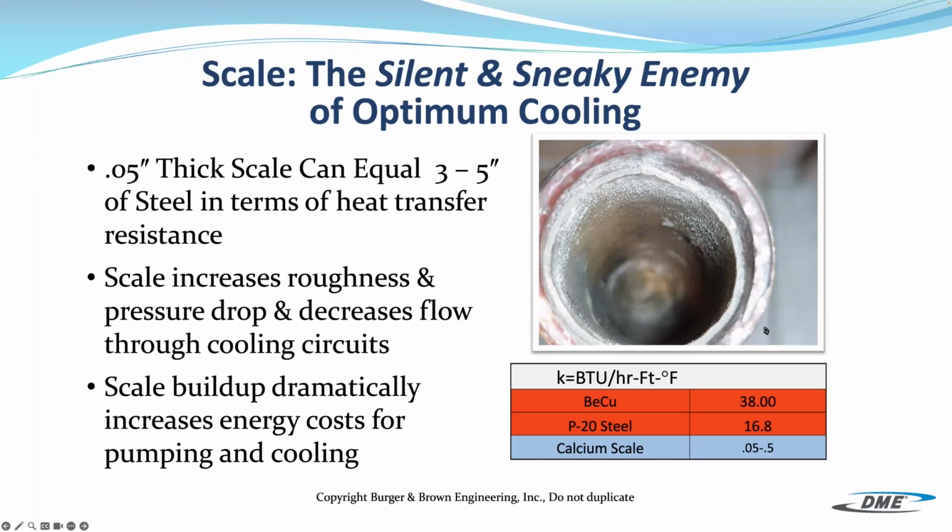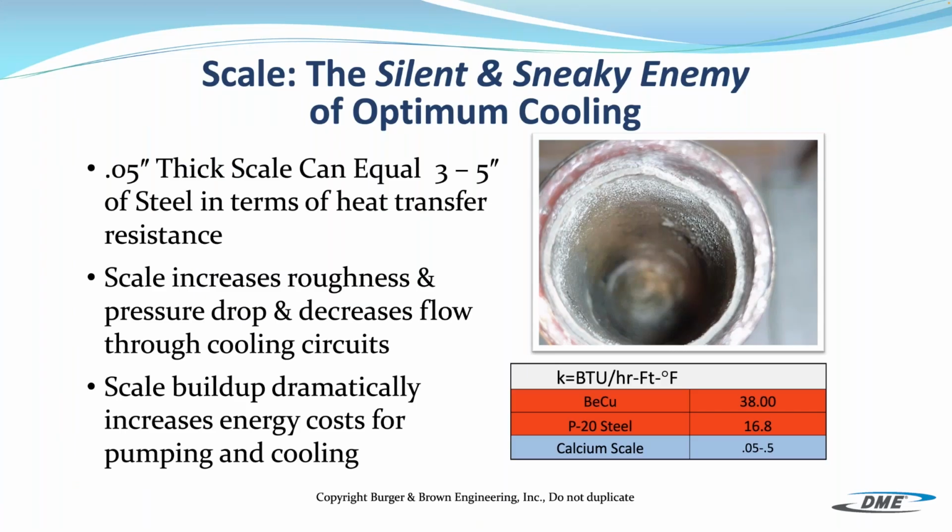So 5/100ths of scale, so 50 thou, is equal to about 3 to 5 inches of additional steel added to that tool. So the quick and easy I like to say is 10 thou of scale is equal to 1 inch of steel. So scale is a huge inhibitor to optimal cooling.